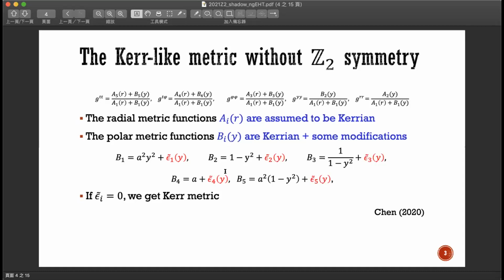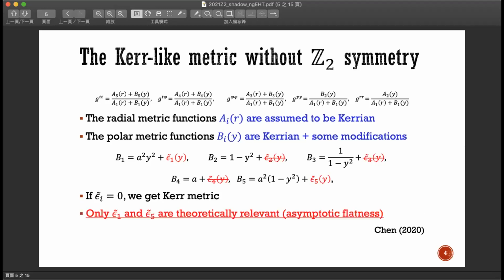Of course, if we set all of the epsilon equal to 0, then we get the Kerr metric. Furthermore, if we require the metric to be asymptotically flat, it turns out that only epsilon 1 and epsilon 5 are theoretically relevant, and the other deviation functions, epsilon 2, 3, 4, have to be 0. Okay.